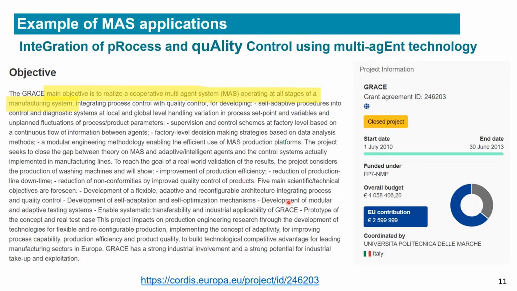This project received funding from the European Union of 2.5 million, and it has an overall budget of about 4 million. You can access these projects and check the details and the results through the link provided below.